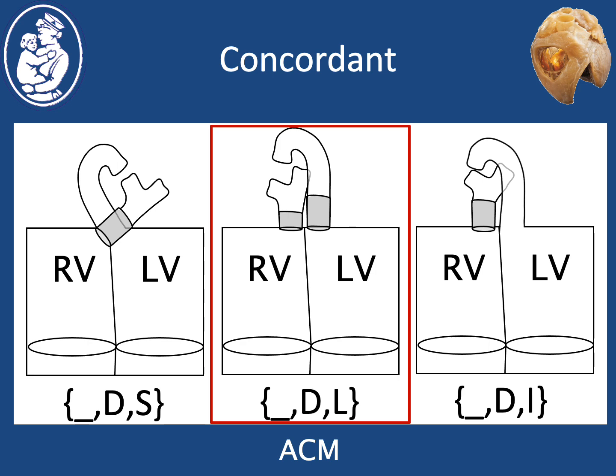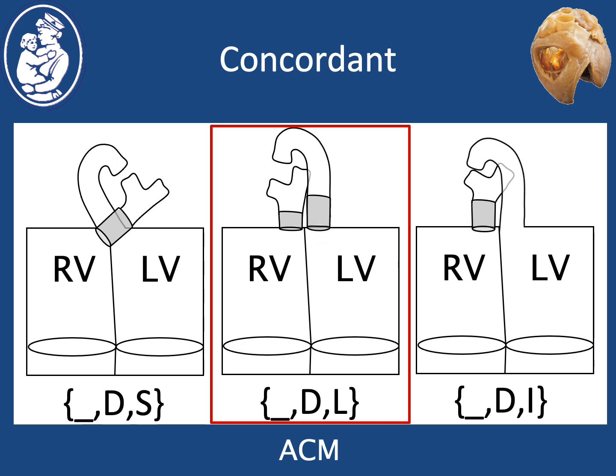Another form of ventriculo-arterial concordance is anatomically corrected malposition of the great arteries. In this case, the great arteries are aligned with the correct ventricle, the pulmonary artery here aligned with the right ventricle, and the aorta here aligned with the left ventricle.